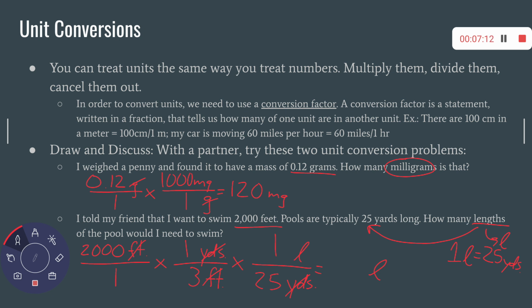So I find that I need 26.67 lengths of the pool to swim 2,000 feet. Now, if you think about this, 26.67 lengths of the pool is going to leave me swimming in the middle of the pool. So realistically, if I want to hit my goal and then get out of the pool later, I'm going to swim 27 lengths.